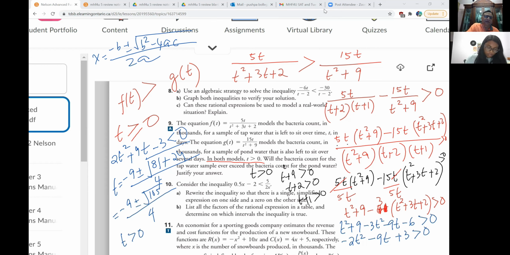The other one is, wait, I think I made a calculation error. The square root of 105 minus 9 divided by 4 gives 0.3. We do have an answer which is very close to 0, which is 0.3, right?